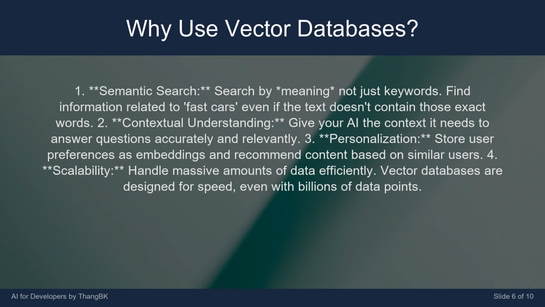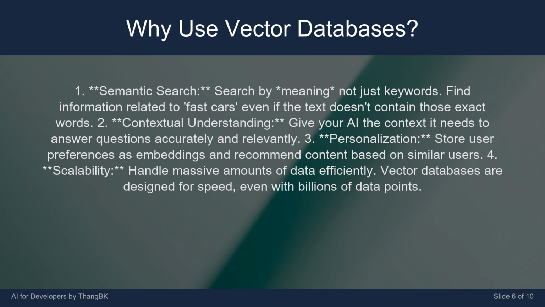1. Semantic search. Search by meaning, not just keywords. Find information related to fast cars, even if the text doesn't contain those exact words. 2. Contextual understanding. Give your AI the context it needs to answer questions accurately and relevantly. 3.